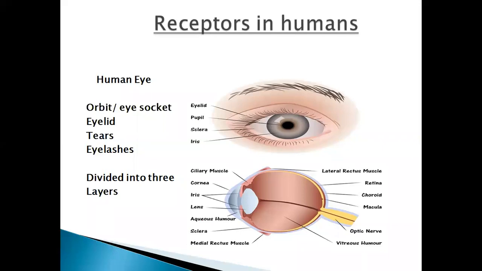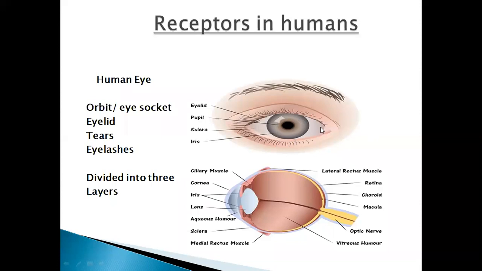Let's see the structure of the eye. Where is the eye present in your body? Our eye is located here, in a small cavity. Is it so?